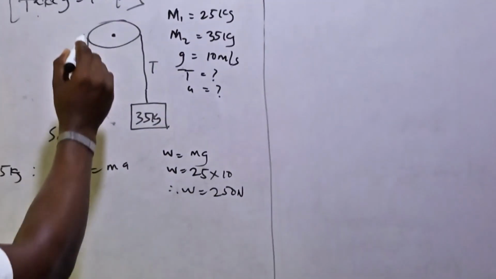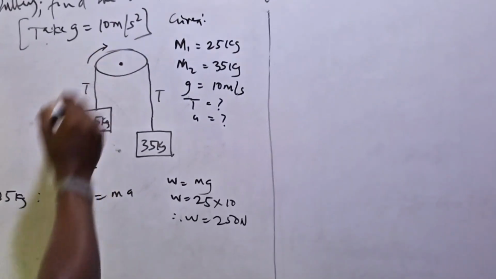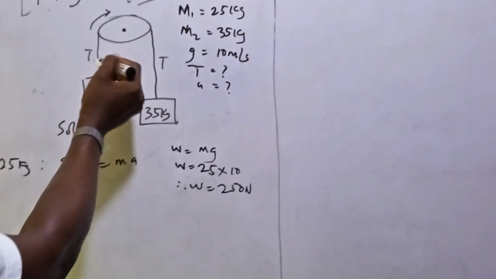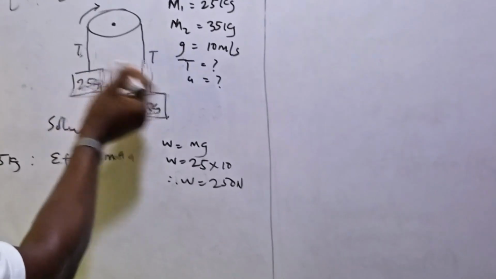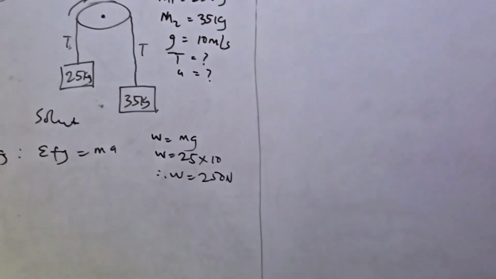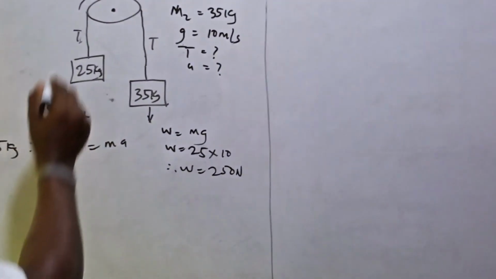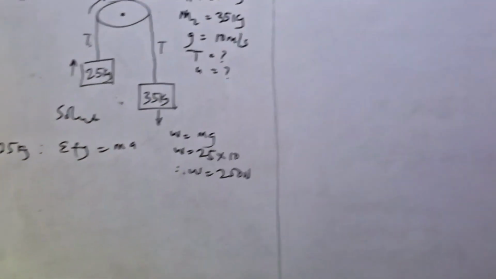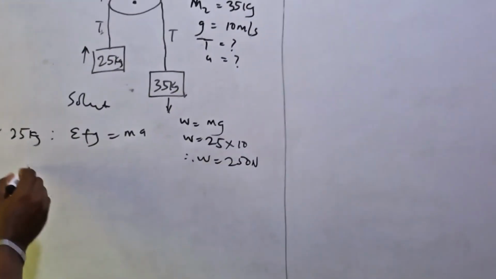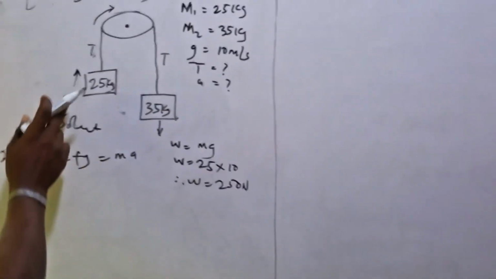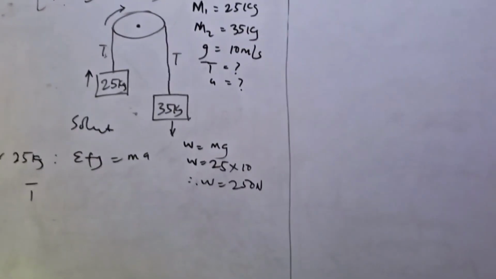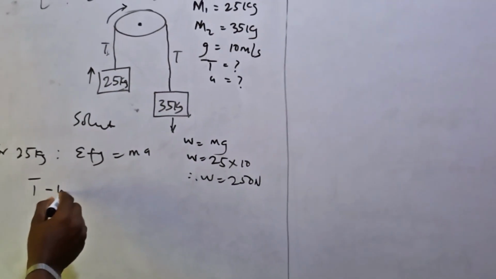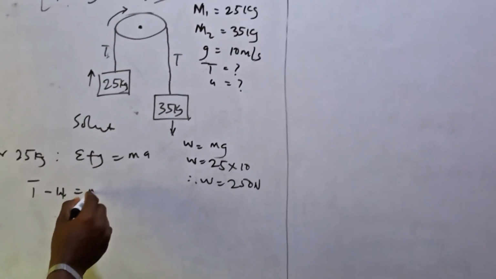As you can see, this side is going down because the weight here is greater than the other weight. So the tension here is more, to bring this down. This one is coming down while the other goes up, because this one is greater and dragging it. Now for the 25 kg mass, tension minus weight equals mass times acceleration.